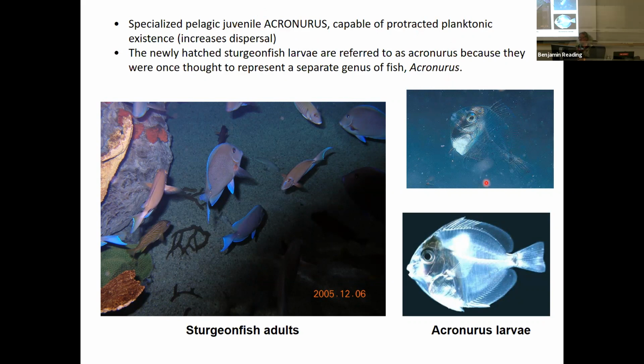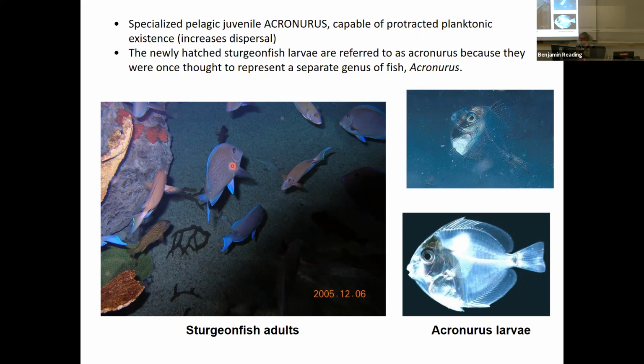A lot of fishes metamorphose out of this stage as quickly as possible because in some cases, larvae are quite vulnerable to predation. But notice all the hard spines on this thing. They can take care of themselves, so to speak. And this protracted planktonic development stage increases their dispersal.